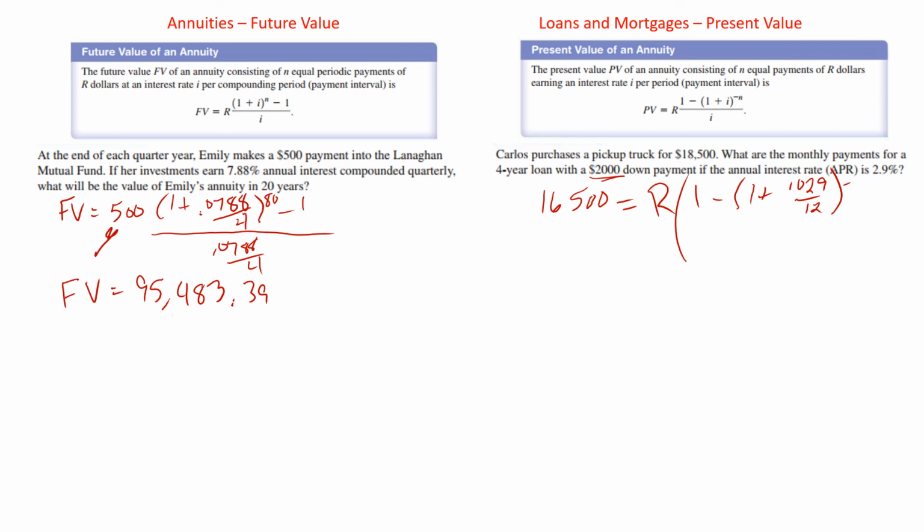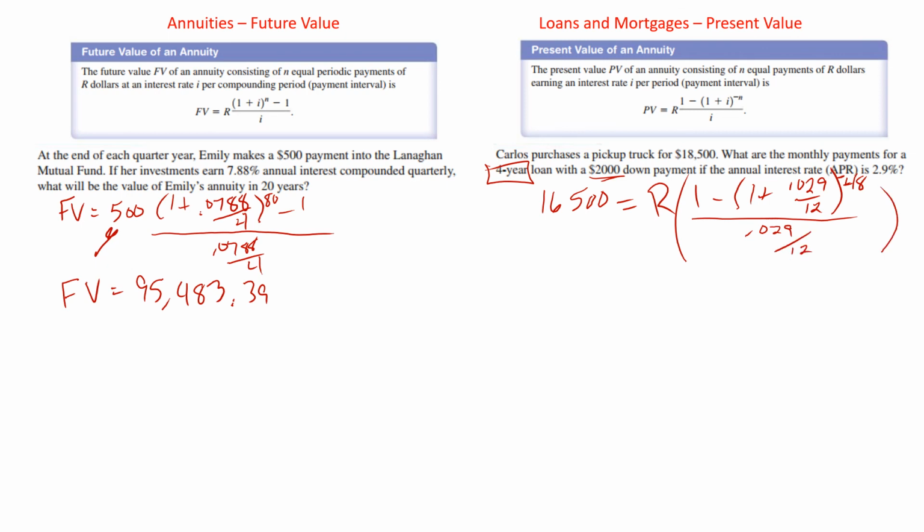It's how long, a 4-year loan. That's what I'm missing, I was looking for the time. So 4 times 12 is 48. Negative 48 over 0.029 over 12 again. So this is basically the same.